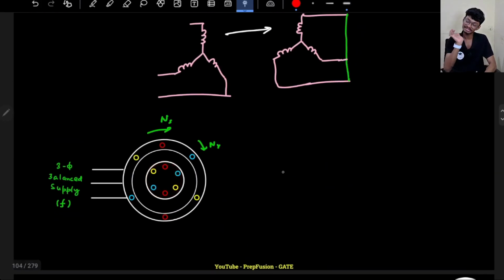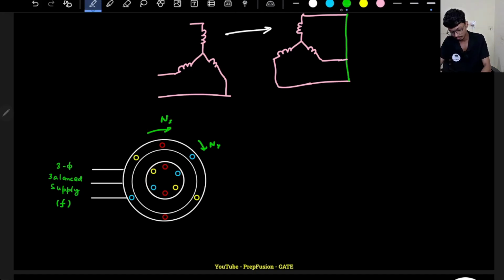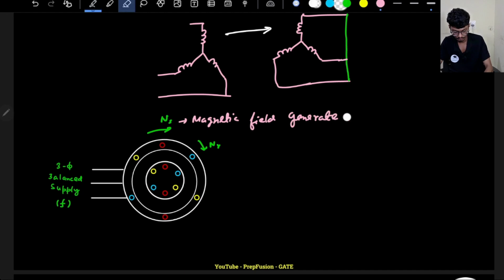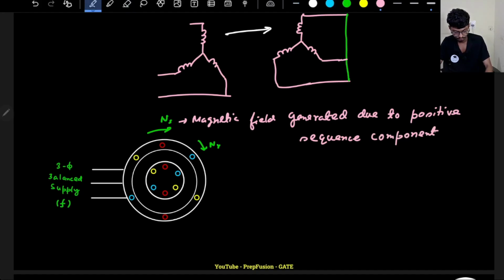So overall the rotor will still rotate in the same direction as the magnetic field generated due to the positive sequence component. Okay.